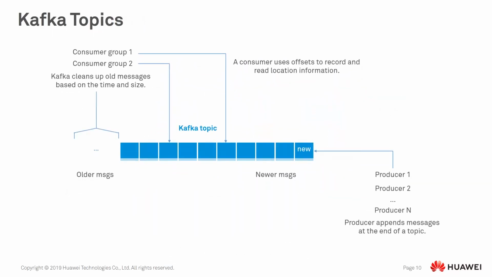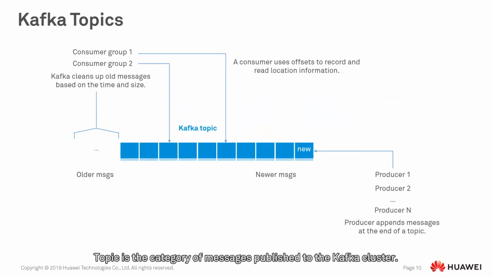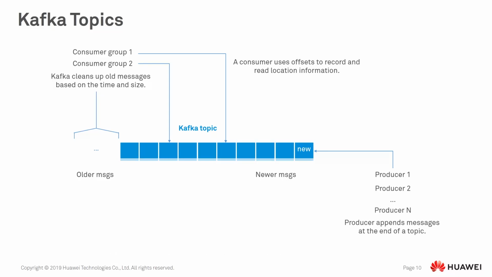First one is topic. A topic is the category of messages published to the Kafka cluster. For example, take weather as a topic. Daily temperature information can be stored in this topic. In the figure, the boxes in blue are a Kafka topic, which can be interpreted as a queue.